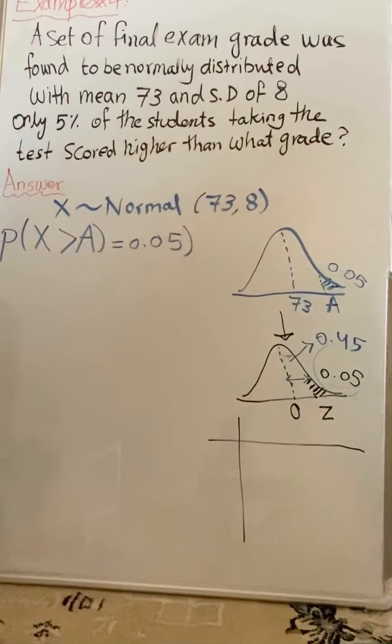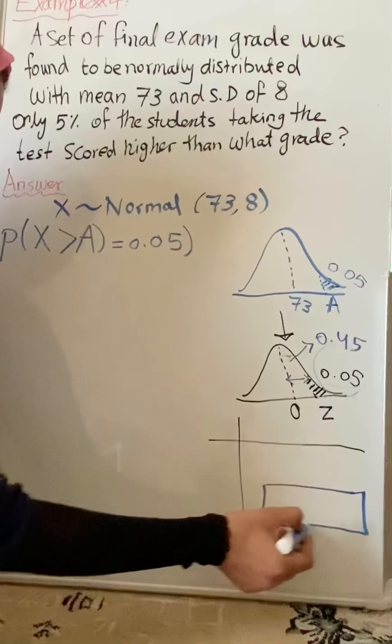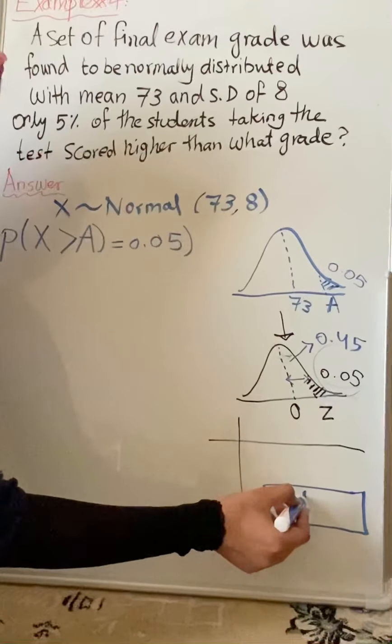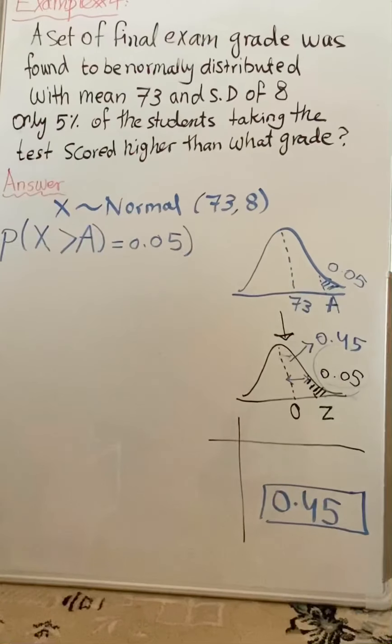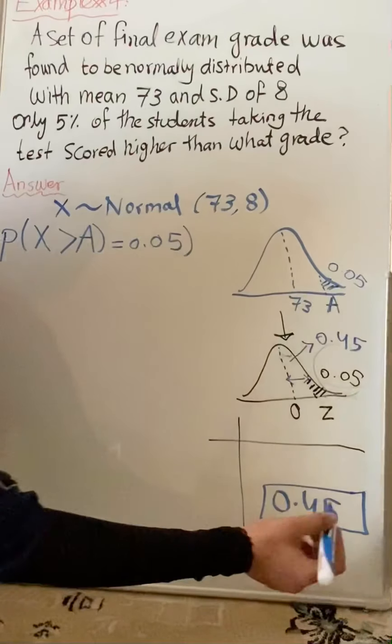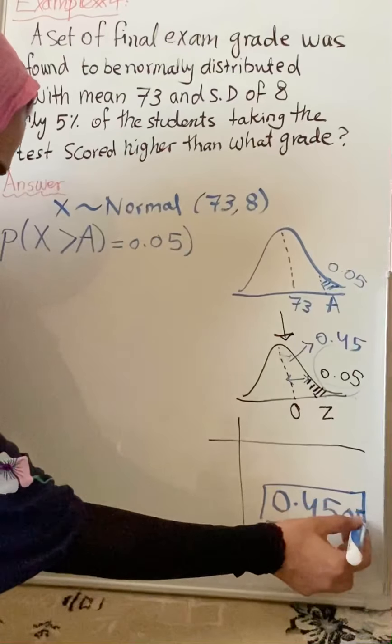So from the normal table, you have to search when your probability, or when your area, will be 0.45. If you search, you are not going to get exactly 0.45, but you are going to get near to 0.45, which is 0.4505.